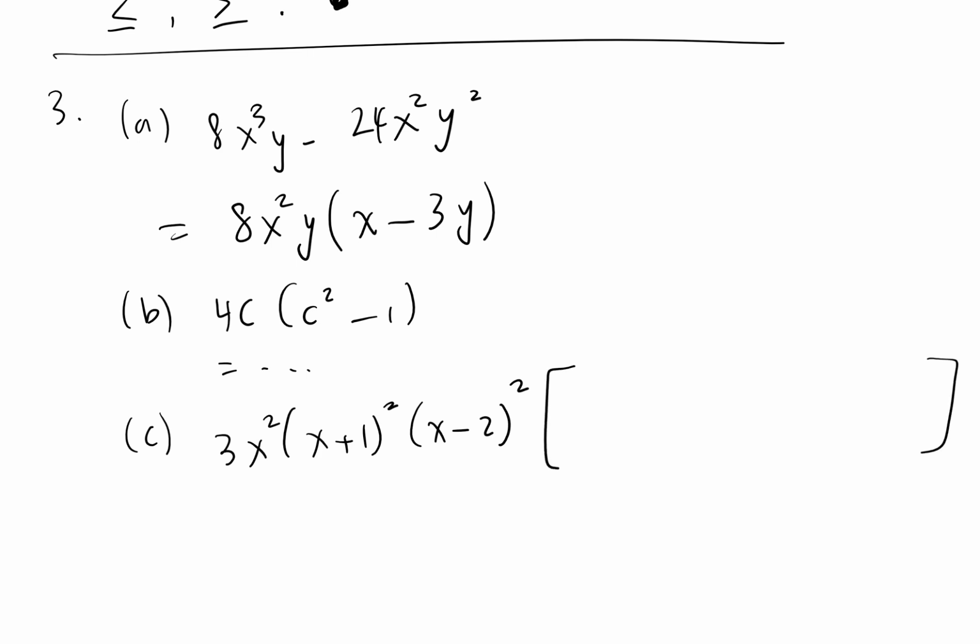That's the GCF. And what goes in here? We need a 2x, x plus 1 minus 3, and x minus 2. Then all you have to do is keep this the same, multiply this out, and see what you get.